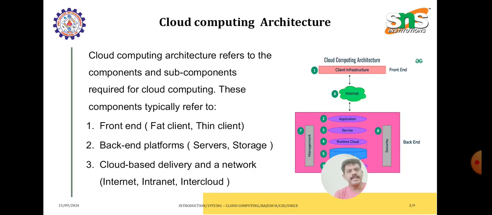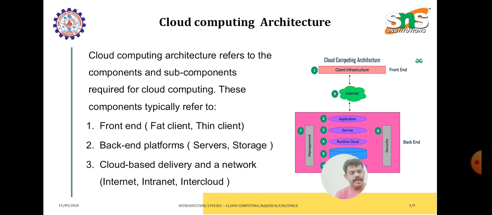When you visualize a cloud computing architecture, we can see three typical components: front end, back end and cloud-based network. The front end is about the client system. The client system, based on capacity, is classified as fat and thin. The back end explains the server.